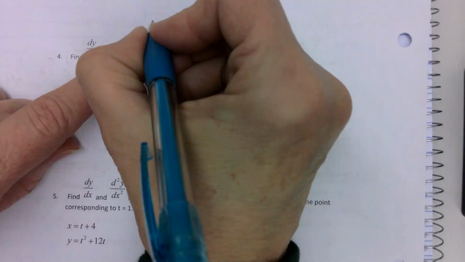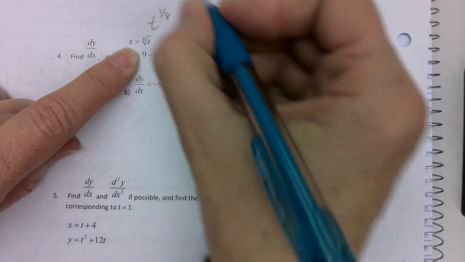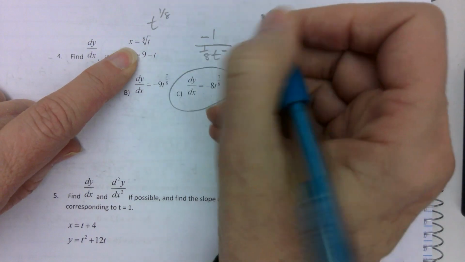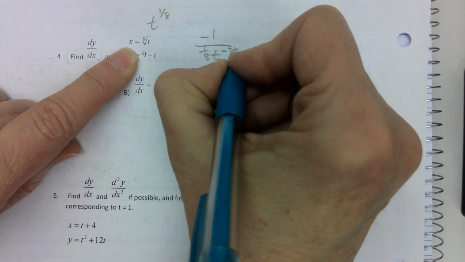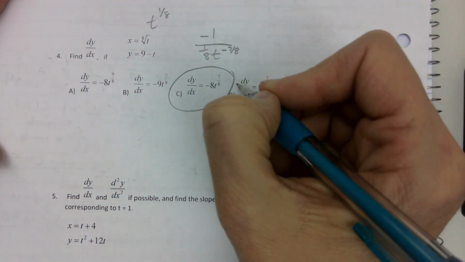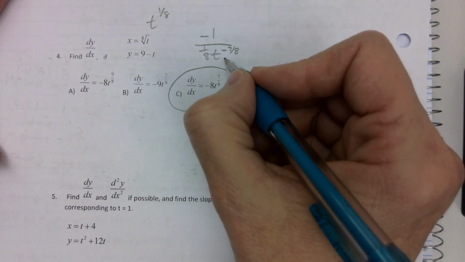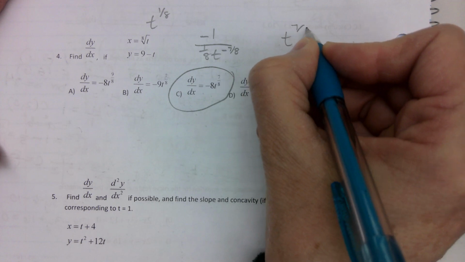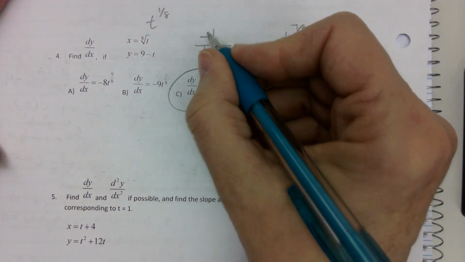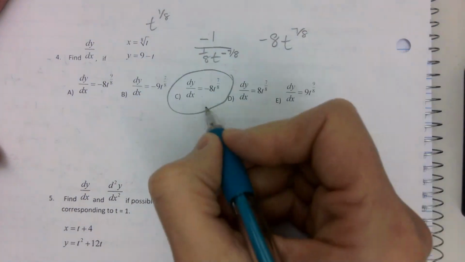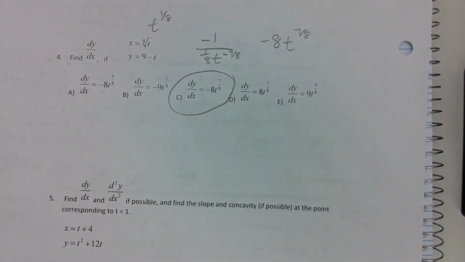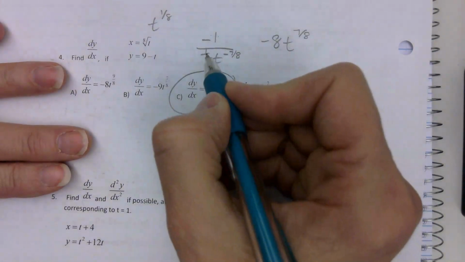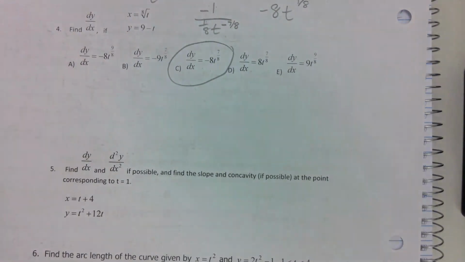What is dx/dt? 1/8 t to the negative 7/8. And t to the negative 7/8 on the bottom of a fraction takes it to the top. And 1 divided by 1/8 becomes negative 8. Yes, it is in fact C. Leave, change, flip. Simple calculation there.